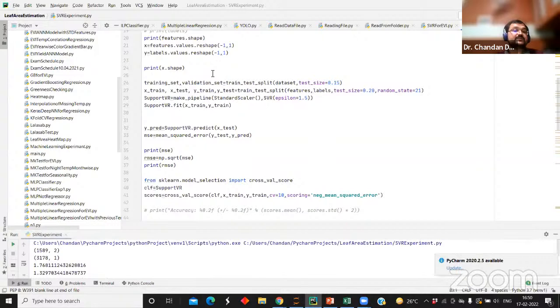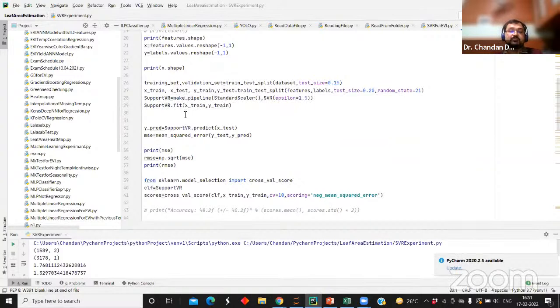But in our case, we have segregated our data into two parts, the training set and the validation set. Then we have used the train test split function to split what should go for the train and what should go for the test purpose.